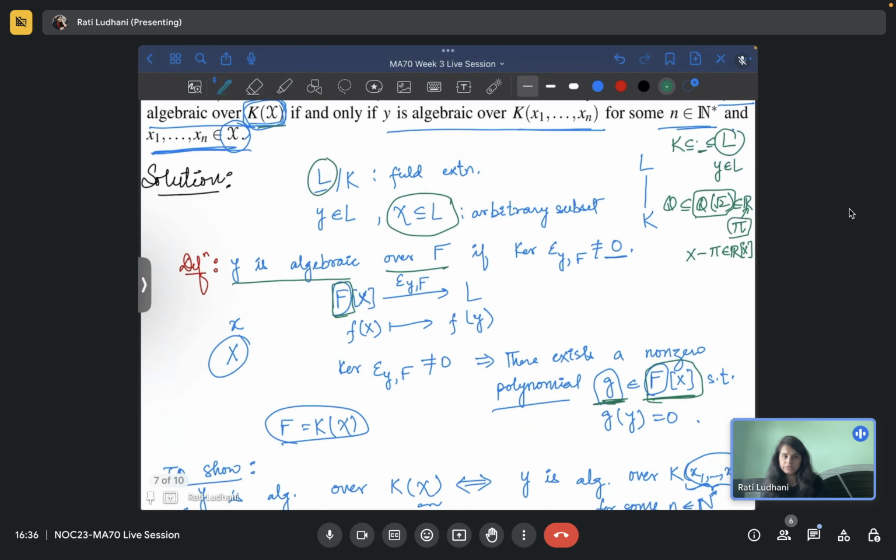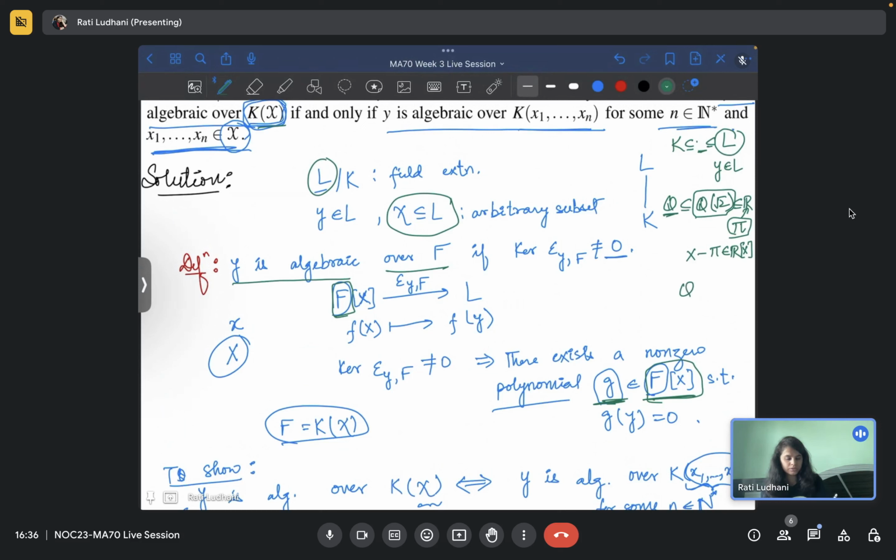We have taken pi, which is an irrational number, and we know that that is not algebraic. That is not a trivial statement to prove, but we know at least. So pi is not algebraic over Q. We don't have any polynomial with rational coefficients such that pi is a root of that, but pi is algebraic over R because it belongs to R. So we don't have much of a problem here.